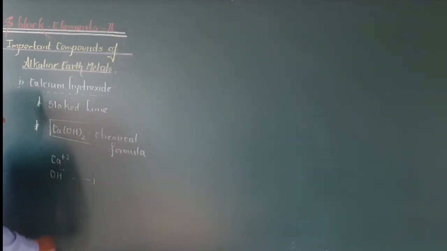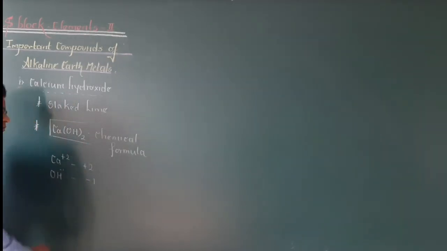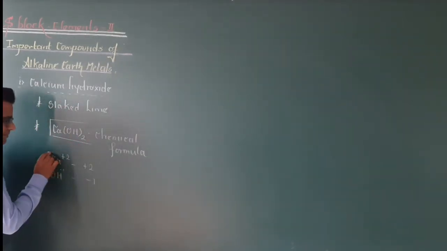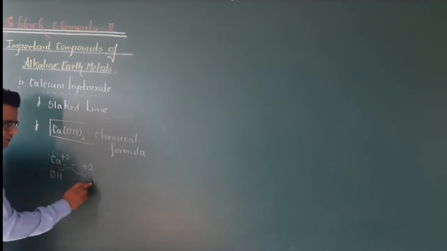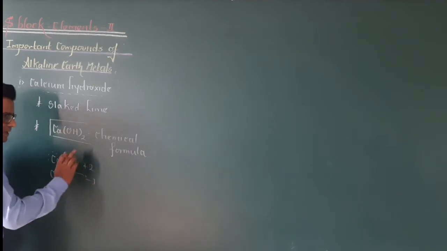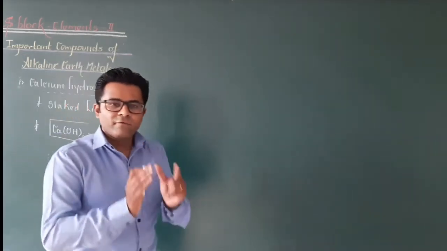So we write it as minus 1 here, like this, and this is for plus 2. Now what we do is simply cross multiply along with the magnitude, that is, Ca1 OH2. So Ca(OH)2. This is how we give the formulas.